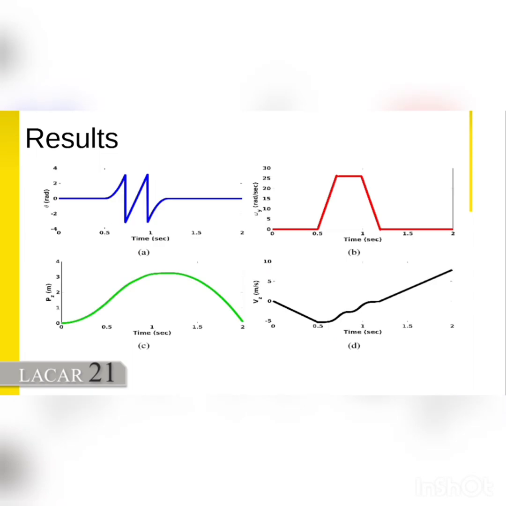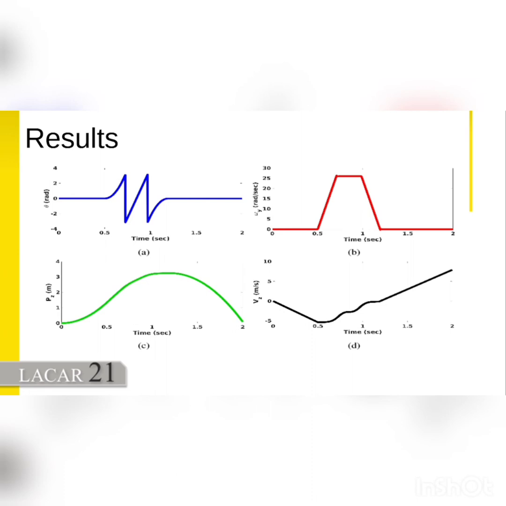Then we have some results, and we could see the evolution of UAV VTOL states. First, in the A graphic that is colored by blue, we could see the attitude evolution. A conversion is made to Euler's angles for easy interpretation.